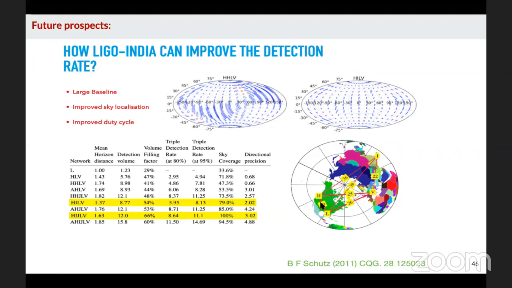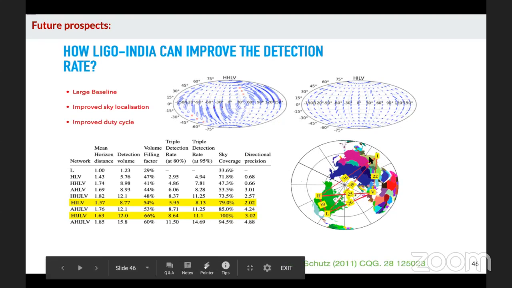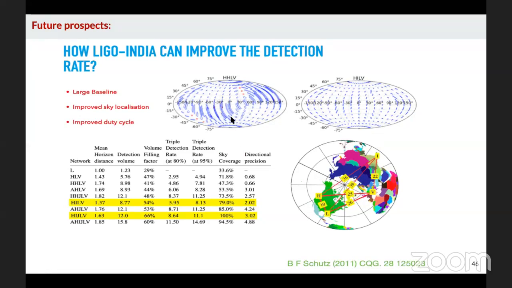Any detectors placed over here and here form a baseline. The localization will be given by lambda by d. And if we have a network with more detectors, our localization will definitely improve.